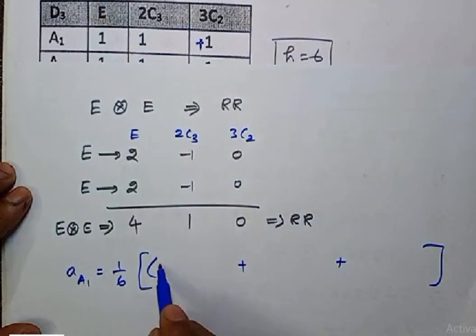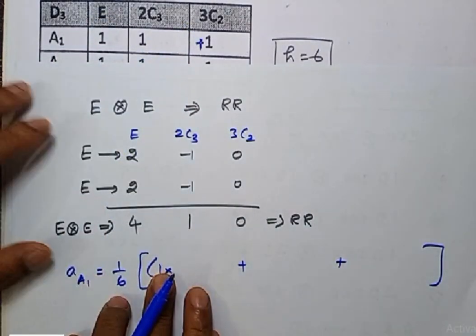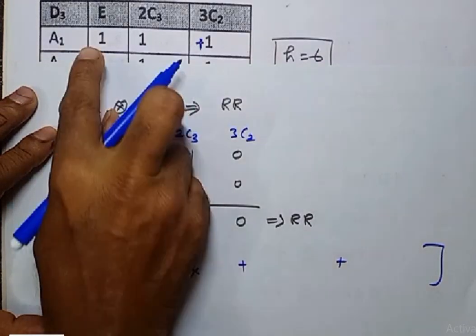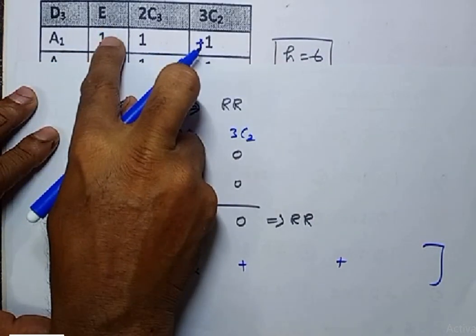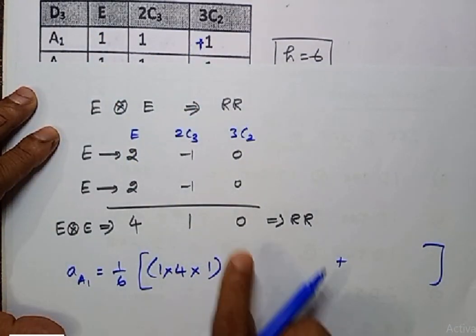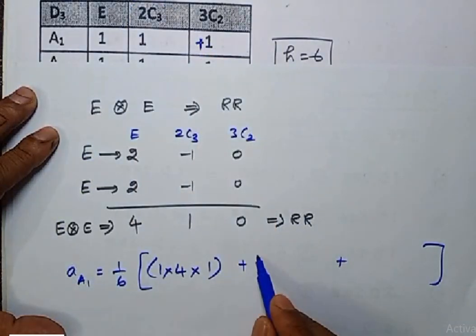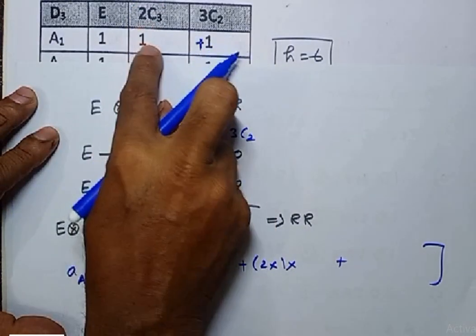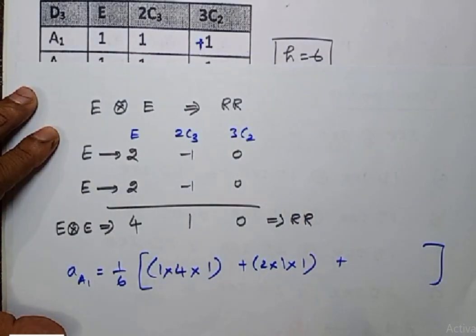In class 1 I have one operation. The reducible character is 4, and for A1 in class 1, the irreducible character is 1. Plus class 2, number of operations 2, reducible character is 1, and along A1 in class 2 we have 1.